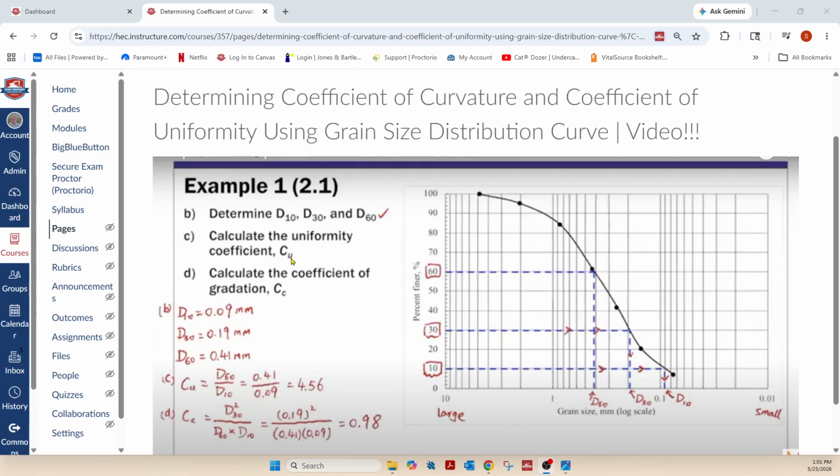Here's a big C and a little u, coefficient of uniformity, and here's a big C and a little c, coefficient of curvature. Now these are used in classifying fine grains, I think mostly in the Unified Soil Classification System.